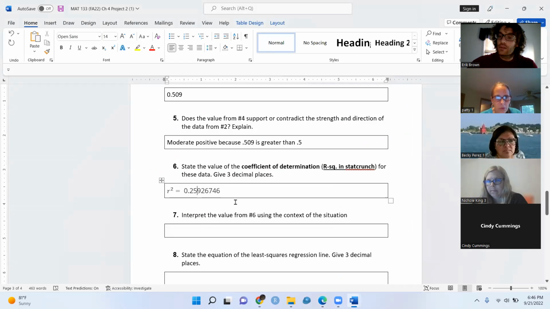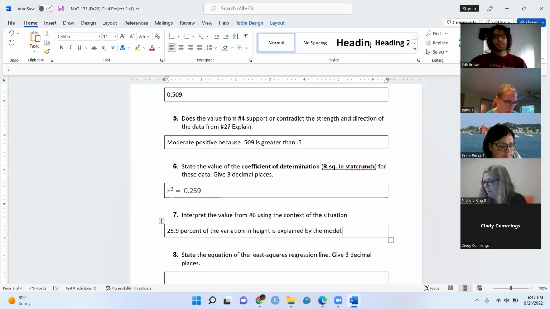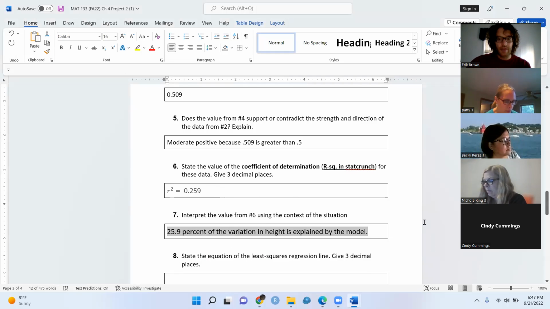So if you're going to write the word percent, and it said give 3 decimal places, you would say 25.9% of the variation in height is explained by the model. So again, you're going to talk about this in your notes a little more. You're getting a bit of a preview of that.